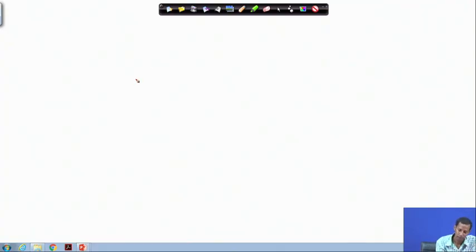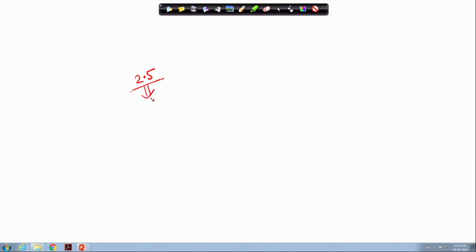Suppose I have the number 2.5. In fixed point, how will it be represented? How do we convert floating point to fixed point?